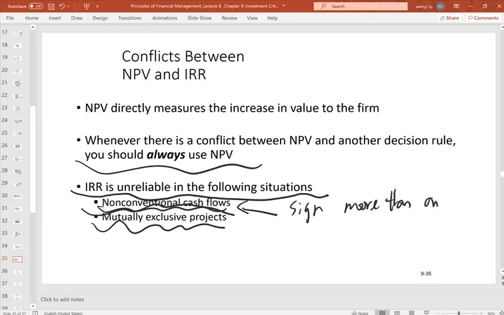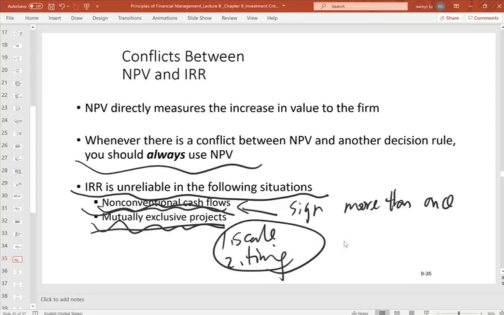For mutually exclusive projects, either the scale is quite different or the timing of the cash flows is quite different, and also you can choose only one, not both. In such cases, IRR will give you not very robust decisions. We will always use the NPV method.